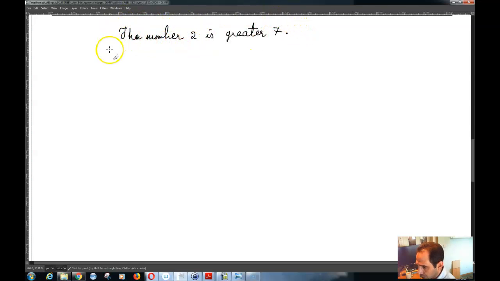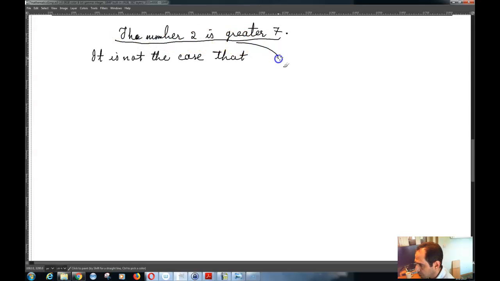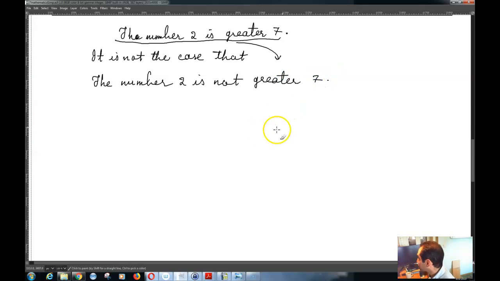The negation would be: it is not the case that the number 2 is greater than 7. That means you can rewrite this as: the number 2 is not greater than 7. So number 4 is: the number 2 is not greater than 7.